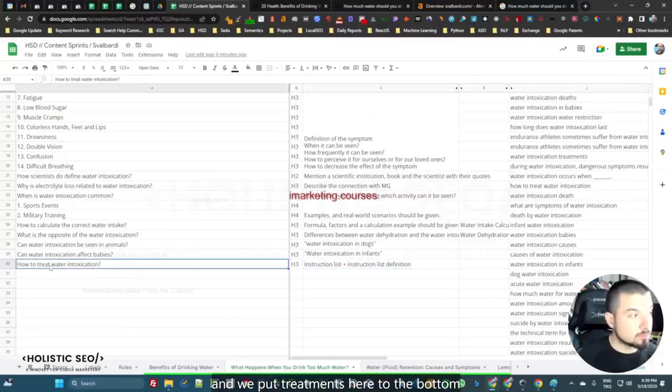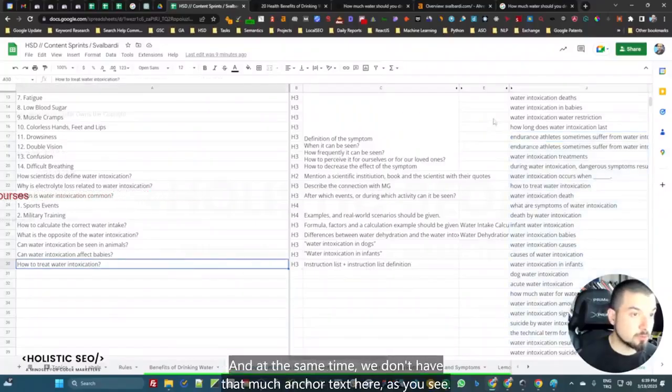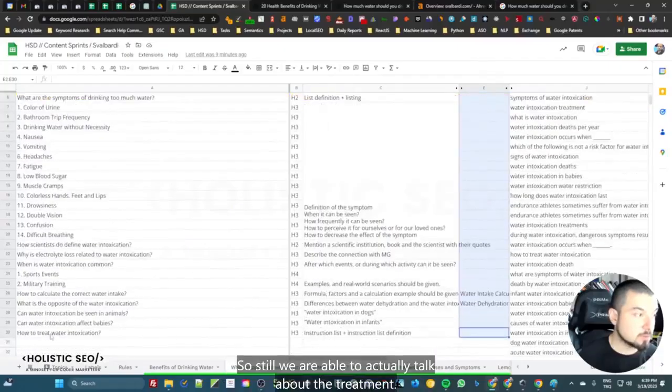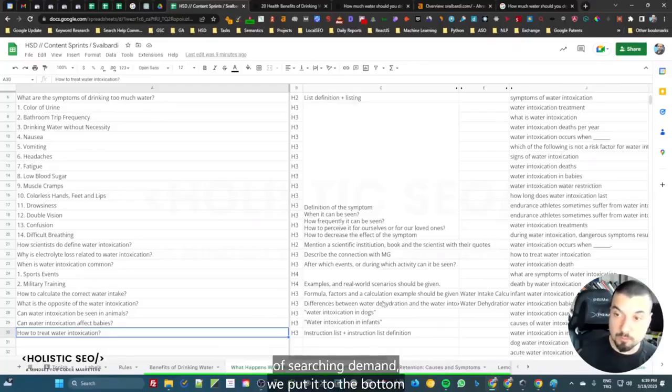And we put treatment here at the bottom because it's the least important attribute directly. At the same time, we don't have that much anchor text here, as you see. So still, we are able to talk about the treatment. And since we can't open a new page because there is not enough search demand, we put it at the bottom rather than putting it on a different web page.